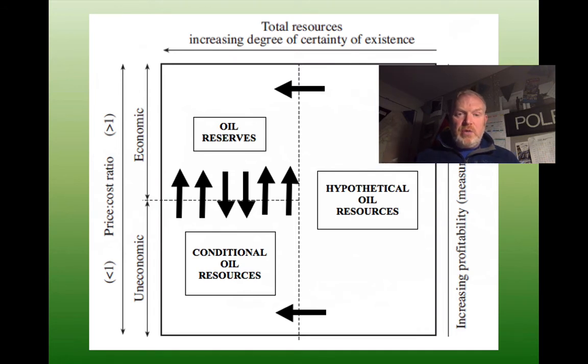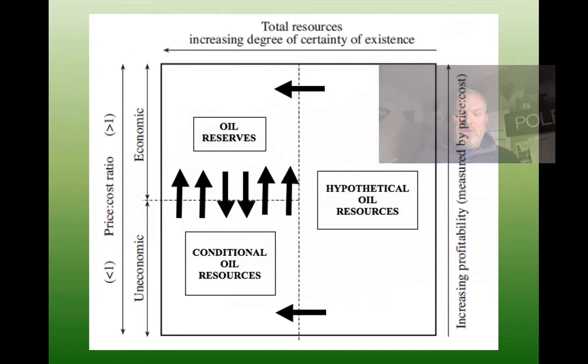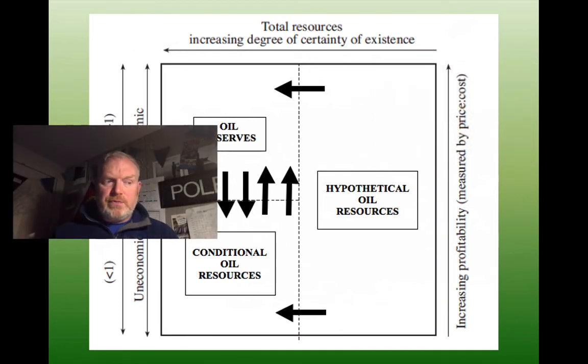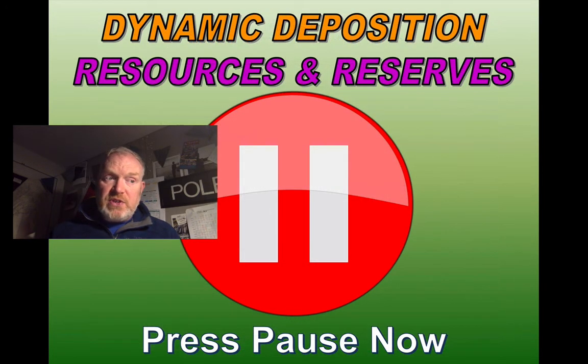What I'd like you to do is try and match these statements up with these arrows. Okay, number them up. Number each of those arrows to show how each of those things would affect whether it's a reserve or a resource. So press pause now and have a go at that.